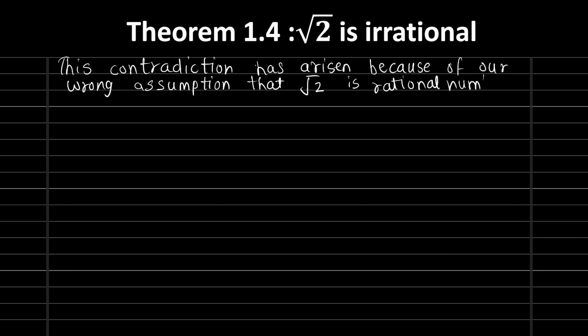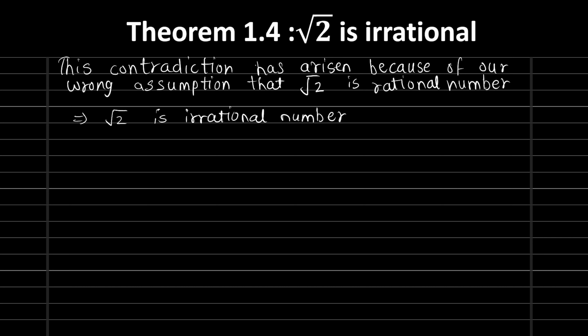So, if this statement, root 2 is a rational number, if this assumption is wrong, then what is the correct statement? Definitely it will imply that root 2 is an irrational number. Right? If root 2 is not a rational number, then what is the other way around? Definitely root 2 is an irrational number.